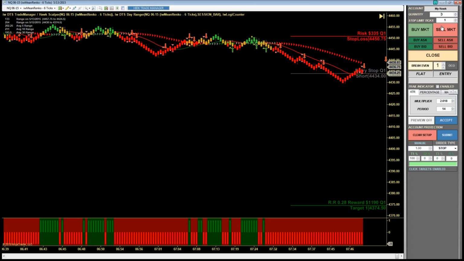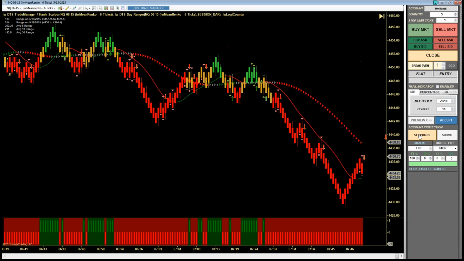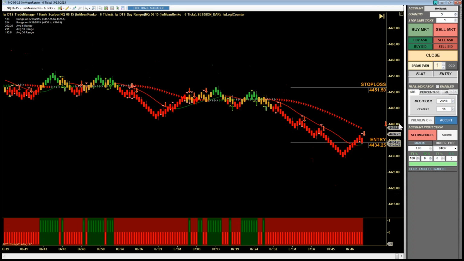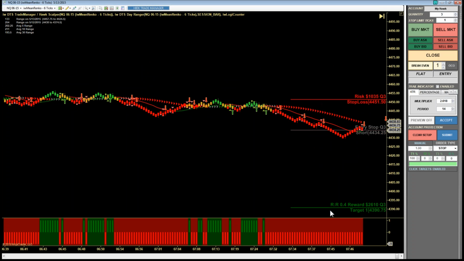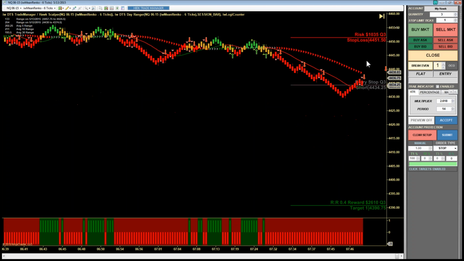I'm going to trade 3 contracts. And so they put their stop up here, and they put their profit target down here, and they think they're being a smart trader. Never knowing that if this trade does not work out, they have lost more than they can afford to lose.